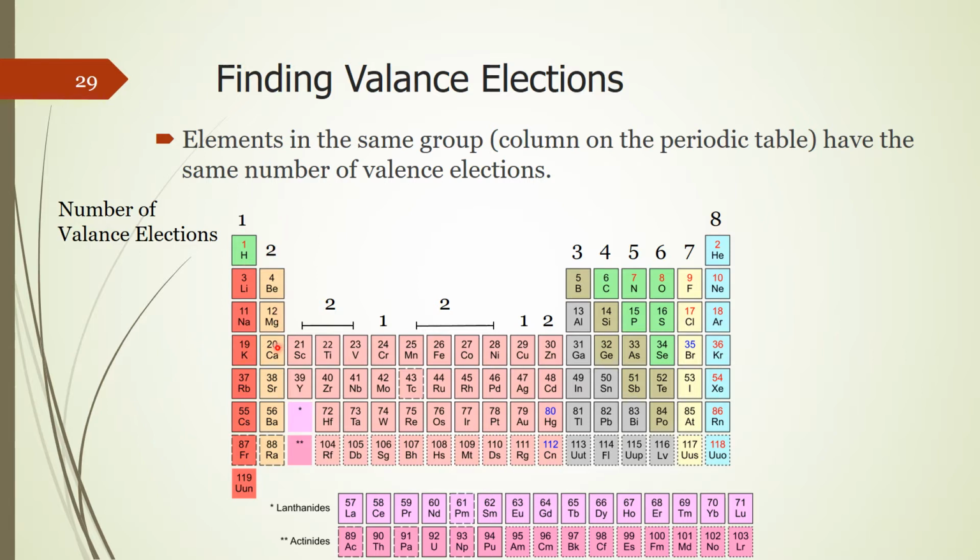Then 2 electrons for the alkaline earths, then 3, 4, 5, 6, 7 for the halogens, and then 8 for the noble gases. Location, which column it is in the periodic table, is going to tell you how many valence electrons your particular atom is going to have. If you're in the transition metals, you generally don't write Lewis structures for those guys anyways, which is good because it's a little trickier.